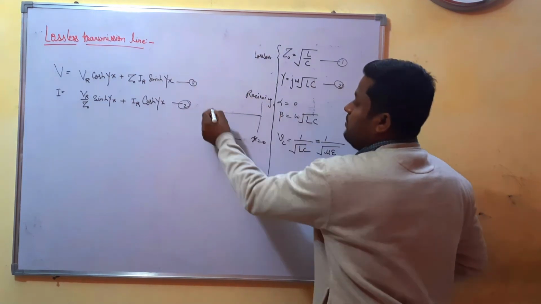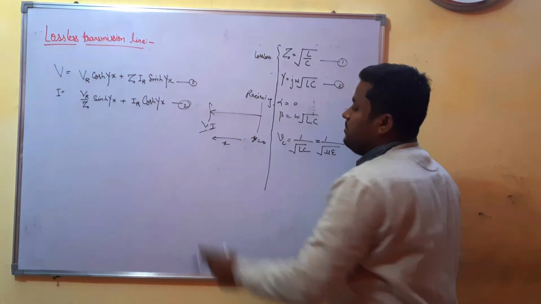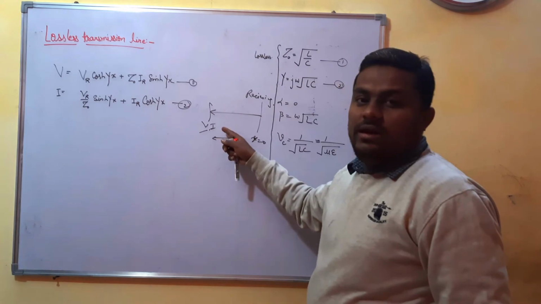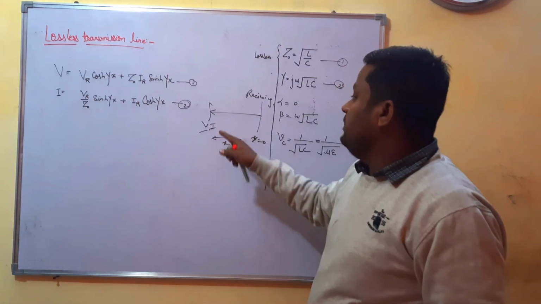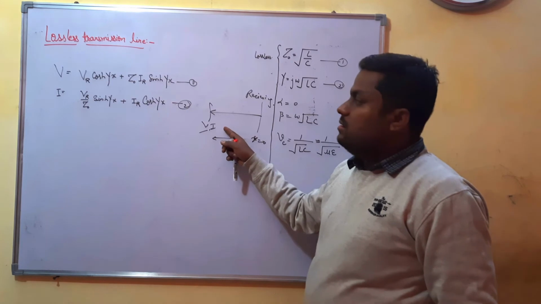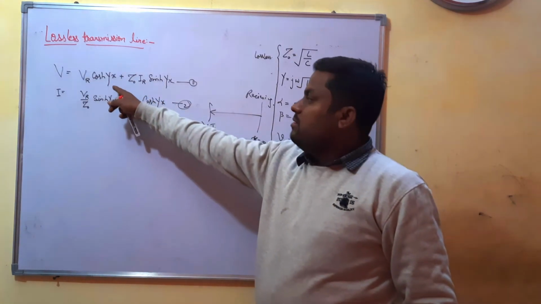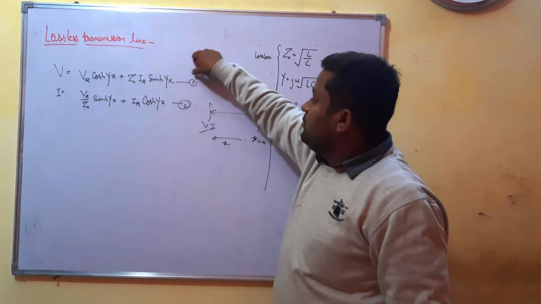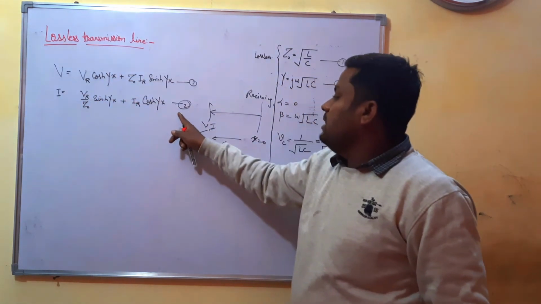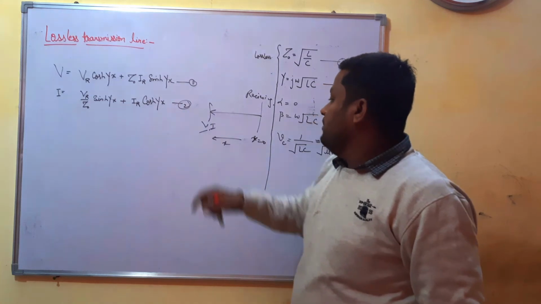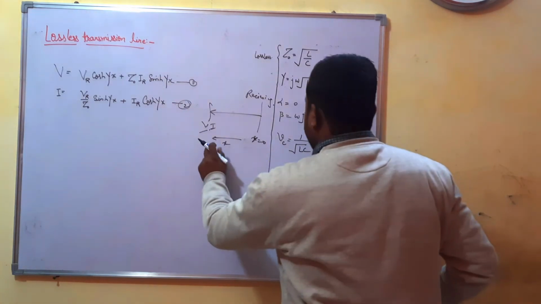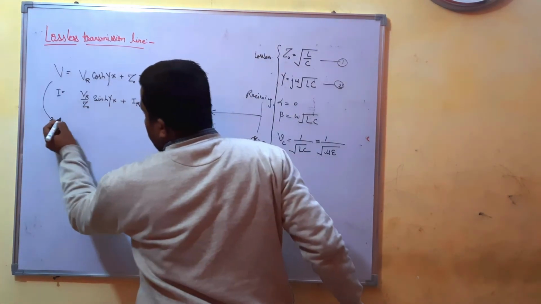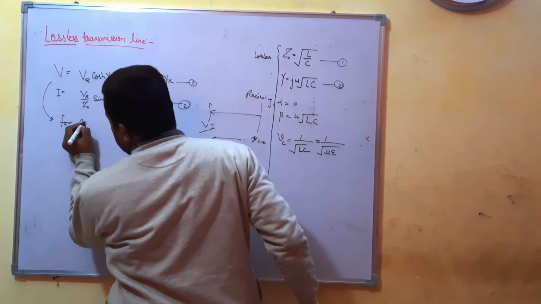Voltage is given by the first equation and current by the second, where x is the distance from the receiving end. Okay.